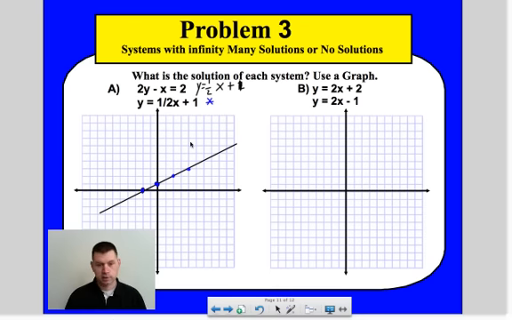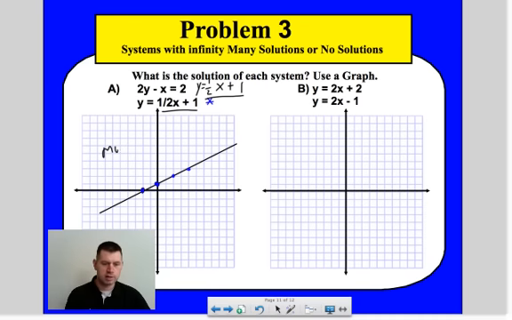Okay, let me go ahead and erase that. So that becomes a 1. So when I add x over and divide by 2, I get 1/2 x plus 1, and what you'll notice is that they have the same slope and the same y-intercept. We talked about in perpendicular and parallel lines that means that it's actually the same thing. So this is infinitely many solutions.